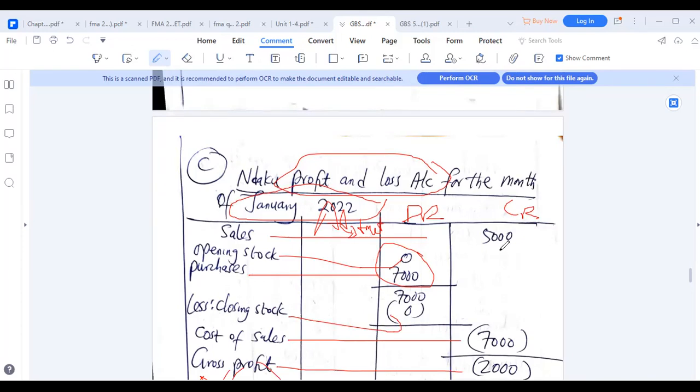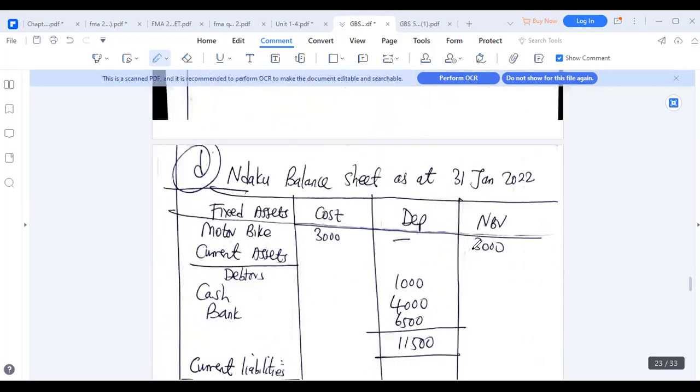This is just the format. I'll give you the format just about now on how you get down to the preparation of the profit and loss account. Then you get down to the other one, the Ndaku balance sheet as at 31st January 2022.